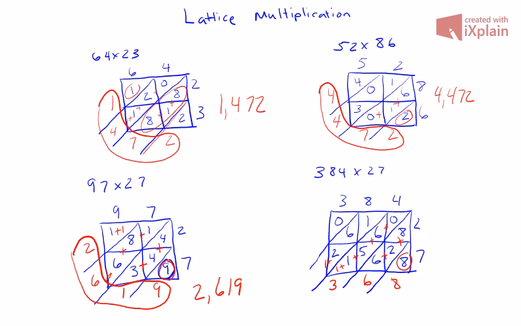Carry your 1. So 1 plus 6 is 7. Plus 2 is 9. Plus 1 is 10. 1 plus 0 is 1. So the answer is 10,368.